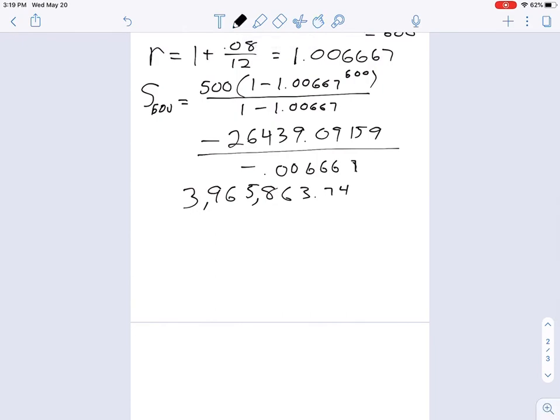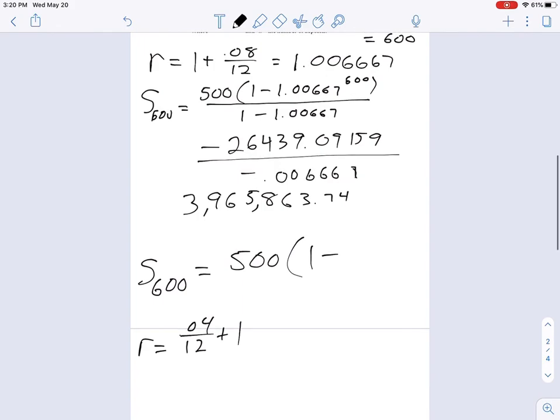Okay, so my S sub 600 equals 500 times 1 minus R to the N. Now my R for this one, I'm doing the 4%, is 0.04 over 12, and then plus 1. Okay, so 0.04 divided by 12 equals 0.0333333, right? And then plus 1, and that's my R. My R equals 1.00333, line over the top.